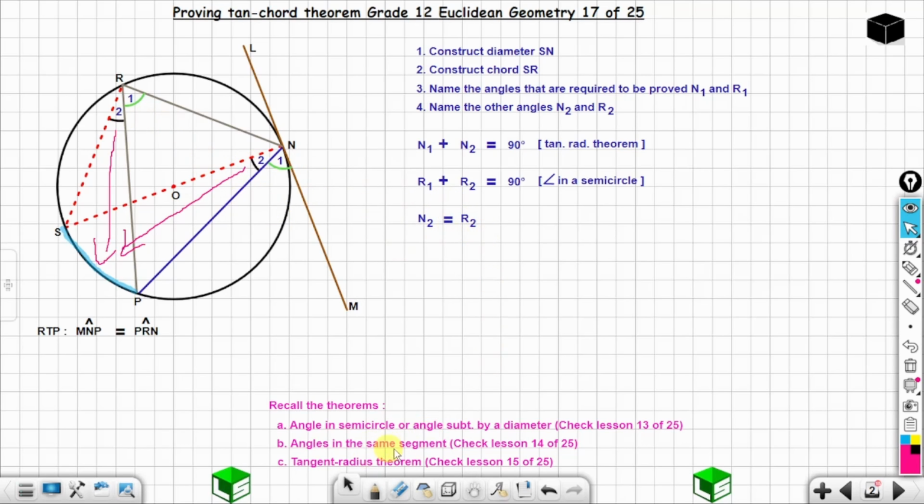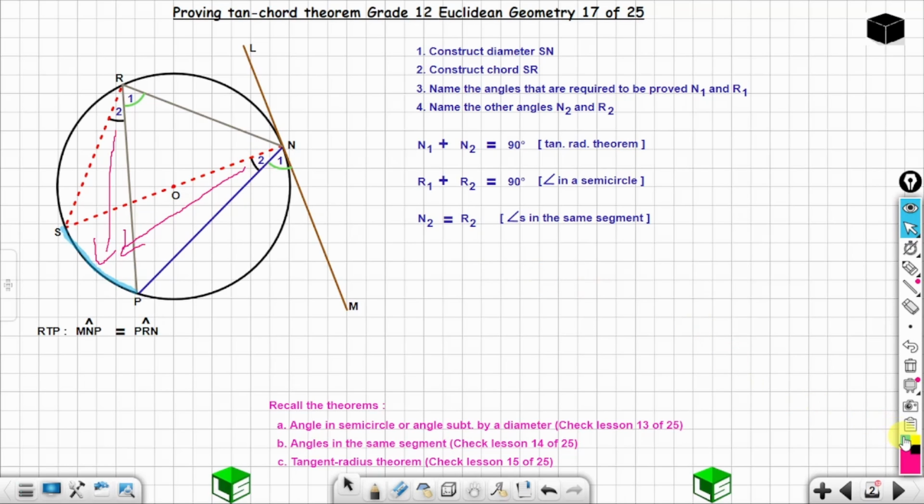Please check lesson 14 of 25 so that you can understand this. So N2 is equal to R2. The reason is angles in the same segment, or angles subtended by the same arc. So this angle is equal to this angle.